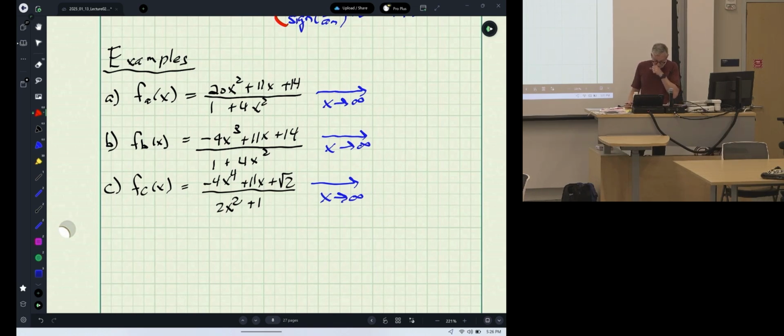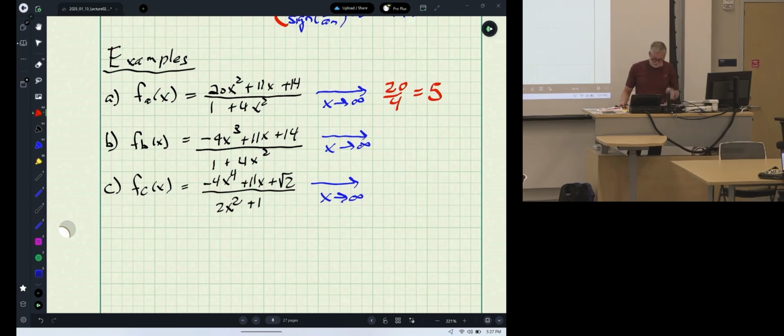And the n is 2 and the m is 2, so they're equal. So this limit goes to, drum roll please, what is it? 20 over 4 equals 5. Yep, okay. Second one.